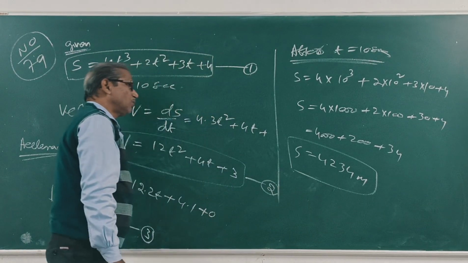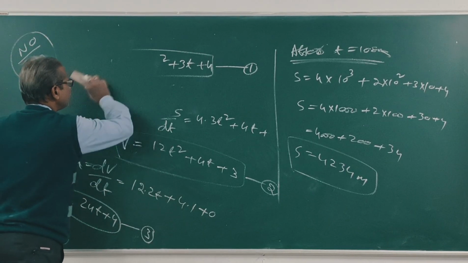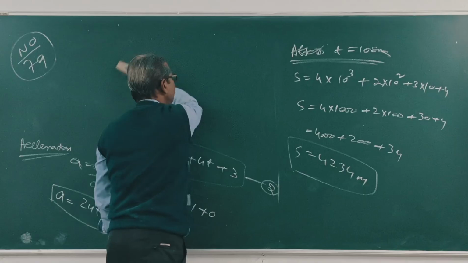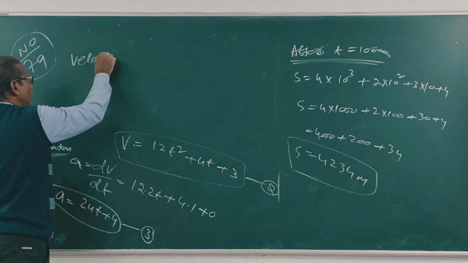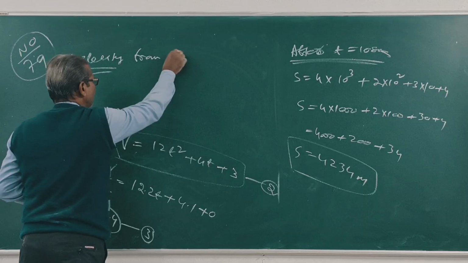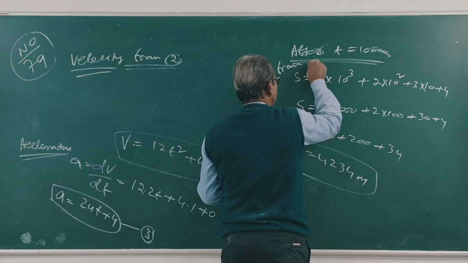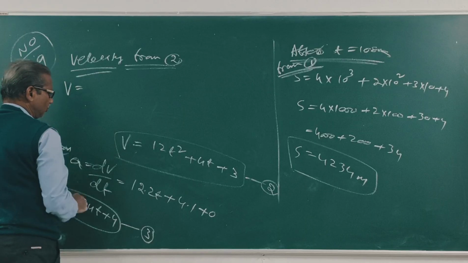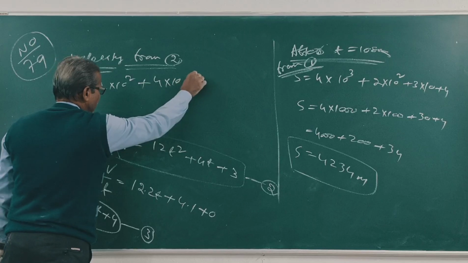Velocity from equation 2. Now v is equal to 12 into 10² plus 4 into 10 plus 3.